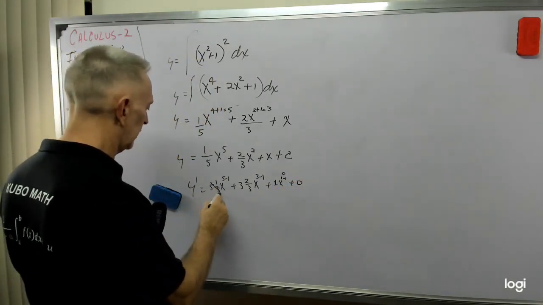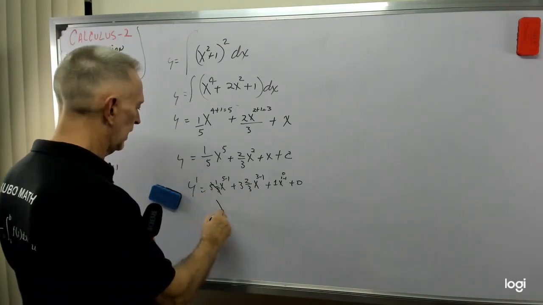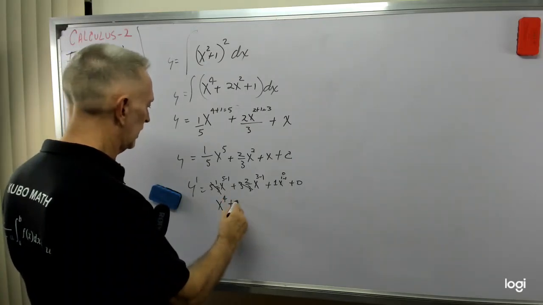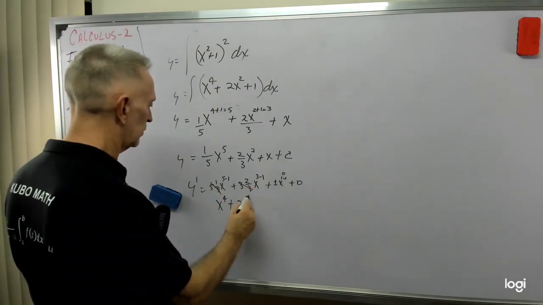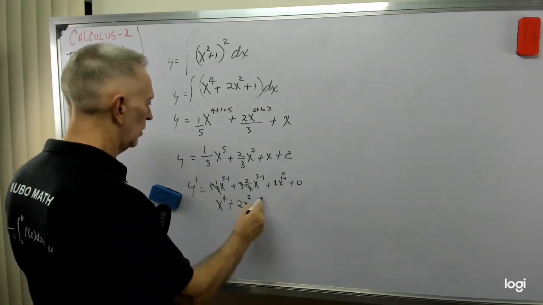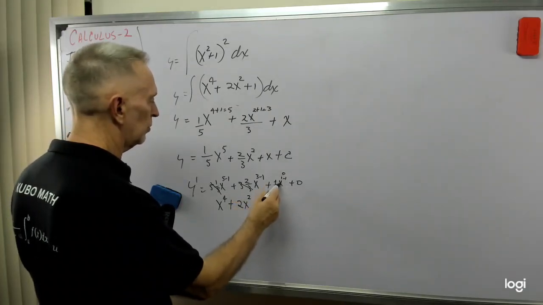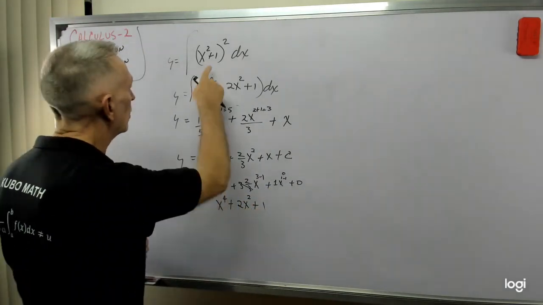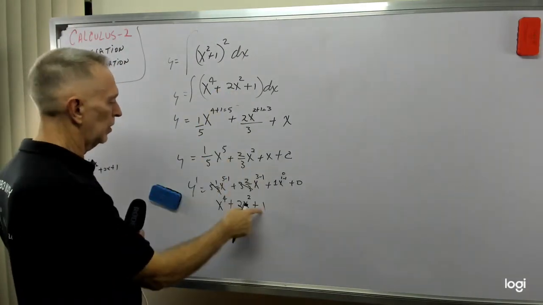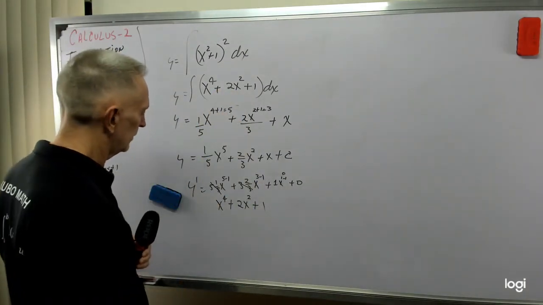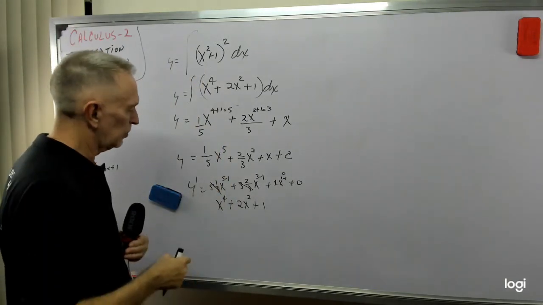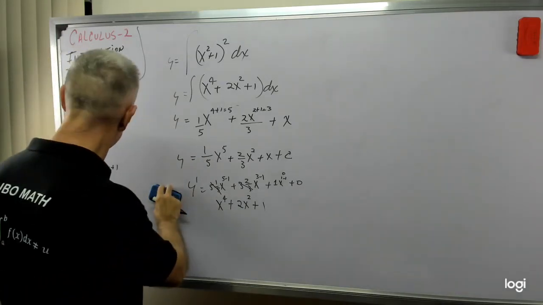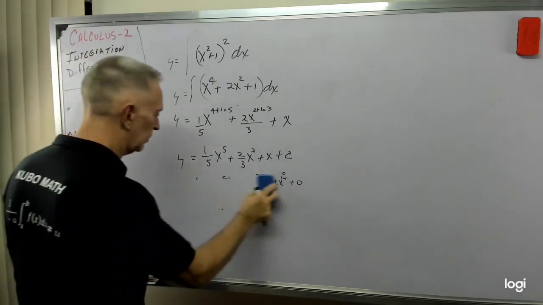So I ended up with 5/5 x to the 4th plus, these 3's cancel, 2x to the 3 minus 1, which is 2, plus 1 times x to the 0, which is 1 times 1, which is 1. X to the 4th plus 2x squared plus 1. And if we factored that, we would end up with x squared plus 1 parentheses squared. Okay? So far, so good.